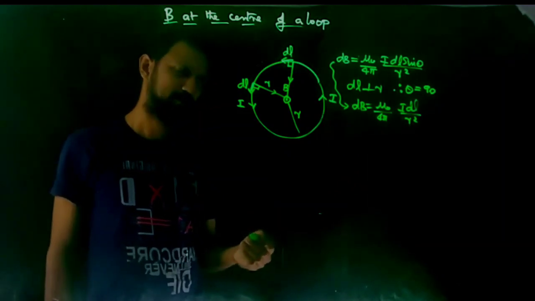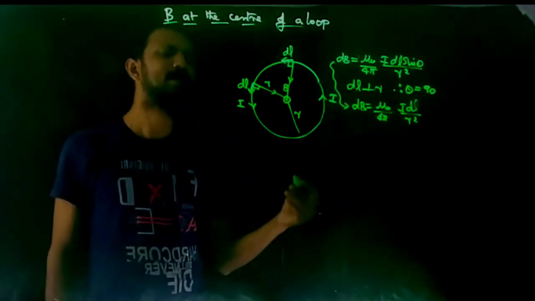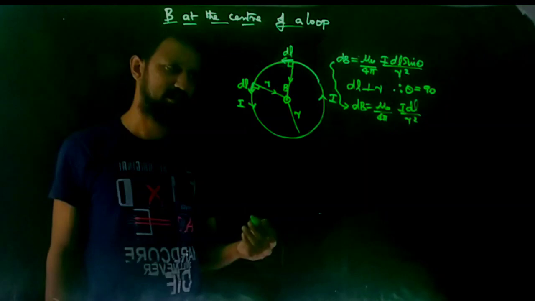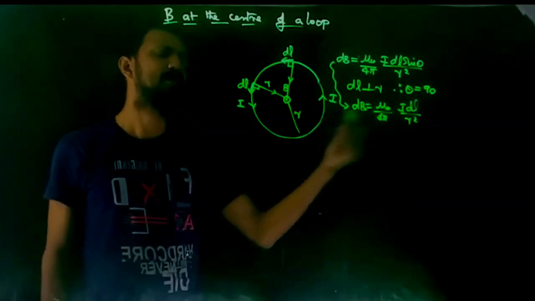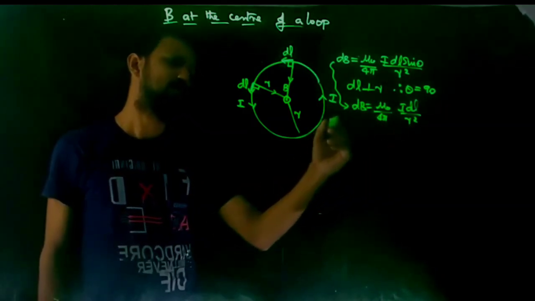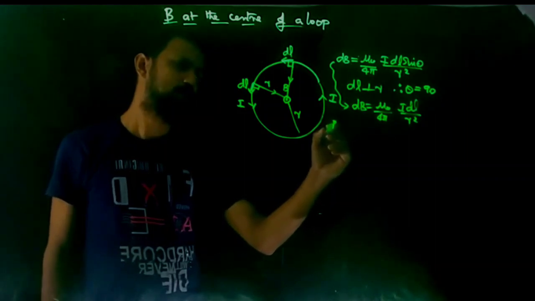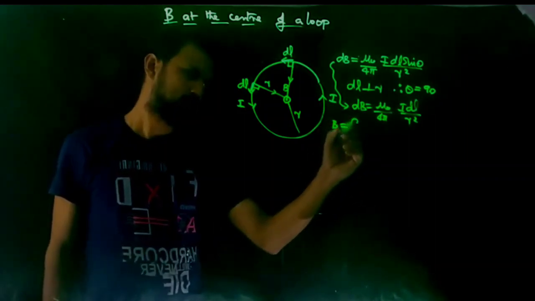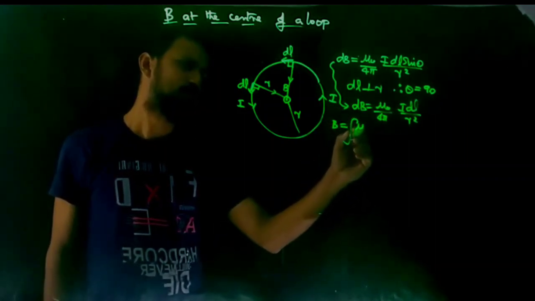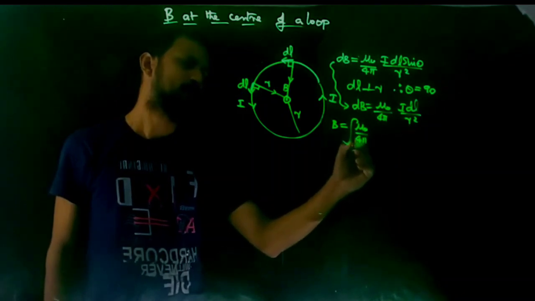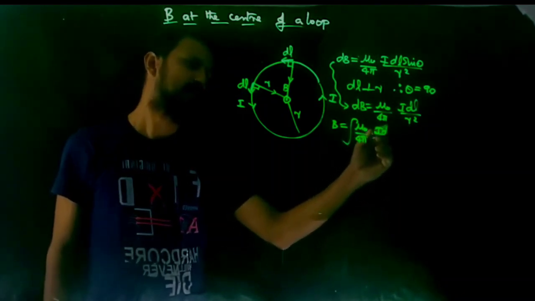Then, how can we find the total magnetic field intensity? From dB, we will have to integrate this. Therefore, B is equal to the integral of mu 0 by 4 pi I dl by r square.